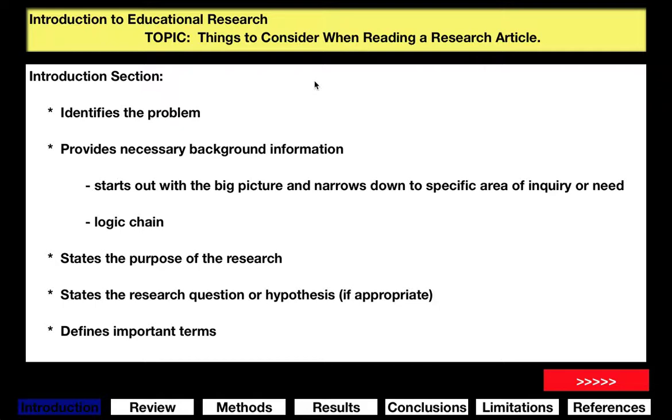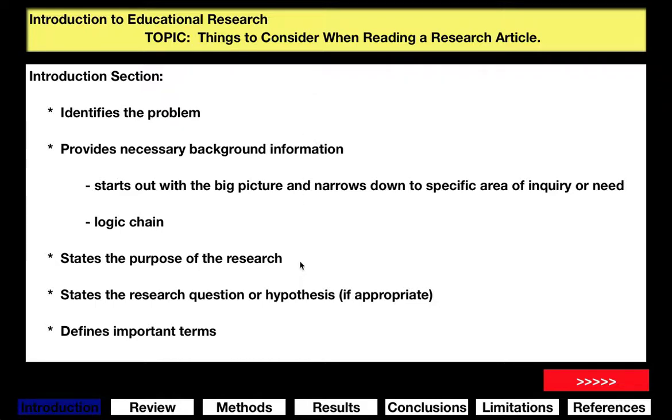It will identify the problem and provide the necessary background information, starting out from a bigger picture and narrowing it down, using sort of a logic chain, to the specific research questions or areas of inquiry.